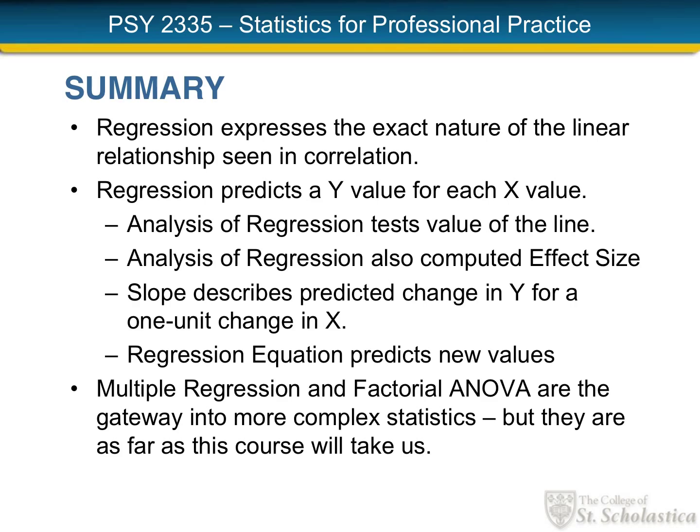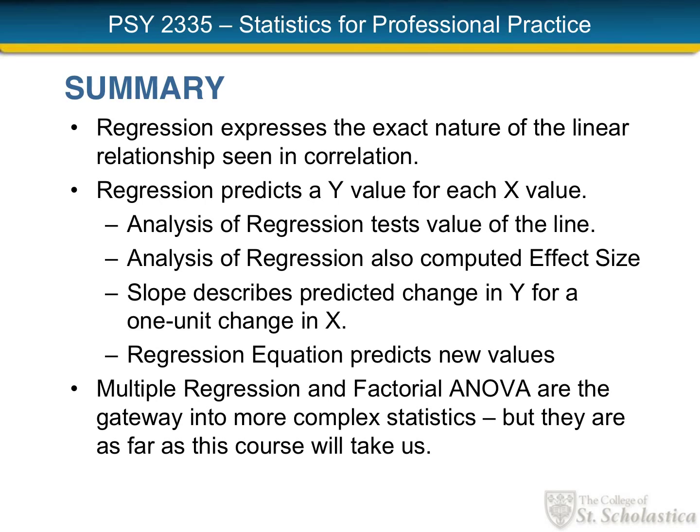In summary, we can say that regression is an exact expression of the linear relationship that we first saw in correlation. Regression predicts a y value for each x value. The analysis of regression tests whether this line is a better predictor than we would get by random chance, and it also lets us compute the effect size from the sum of squares.